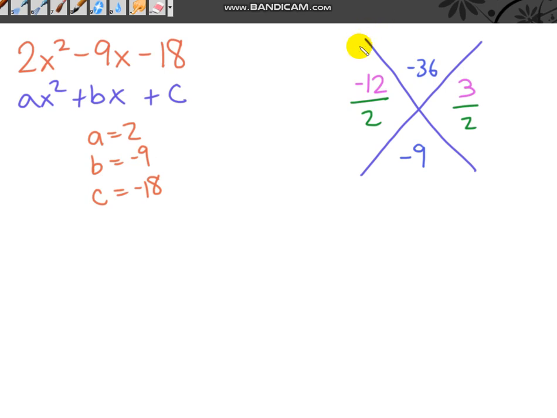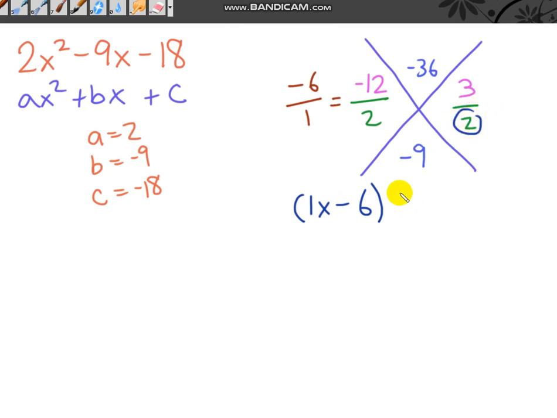Next, we need to look for any fractions here that can be reduced. It just so happens that negative 12 divided by 2 is going to be negative 6 divided by 1. Now when we write our factors using the x method, this means we have a coefficient of 1 in front of our x, and then we have minus 6 that comes right along.